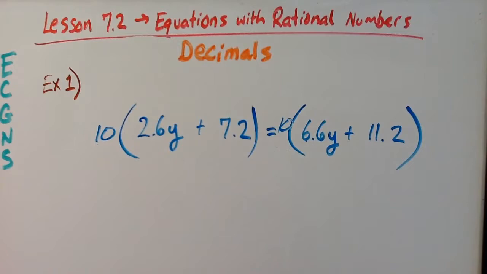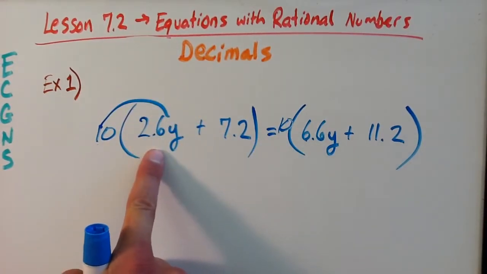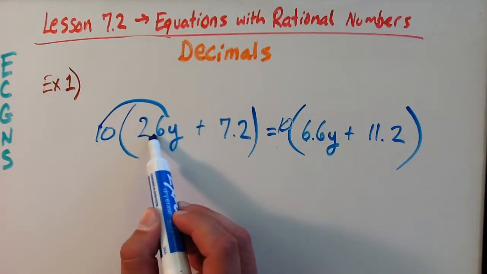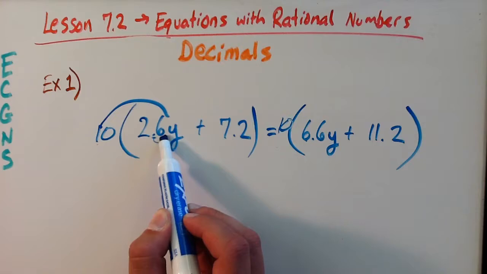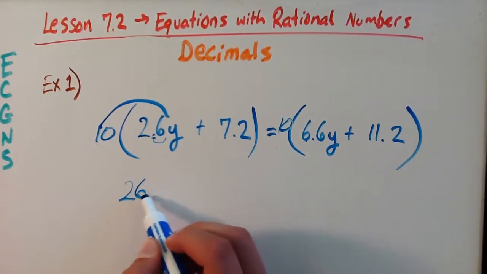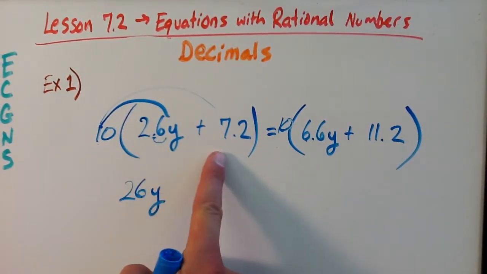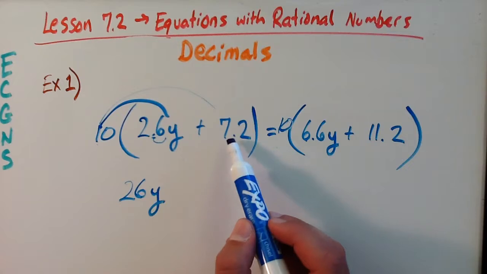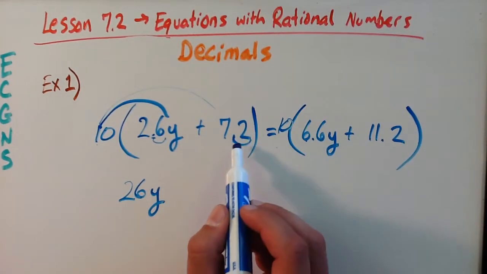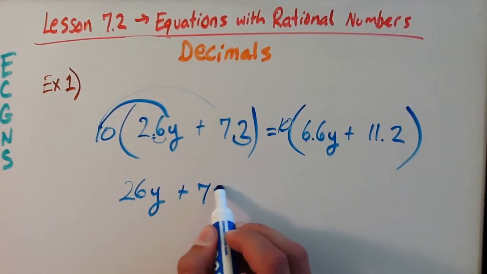To eliminate the parentheses, I distribute. 10 times 2.6y: I move the decimal one place to the right, so that's 26y. I also distribute to 10 times 7.2, which is now positive 72.